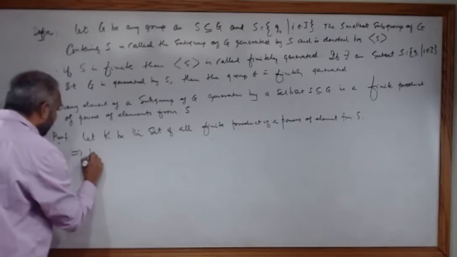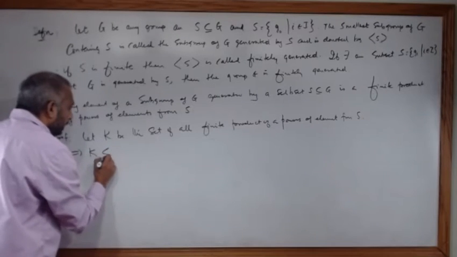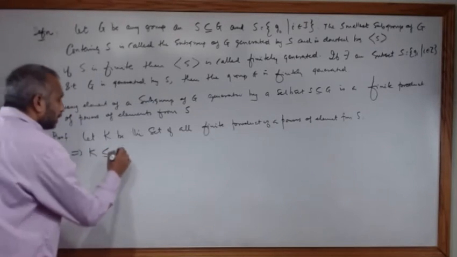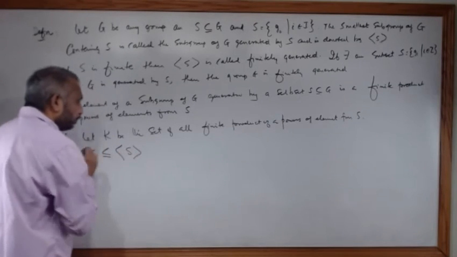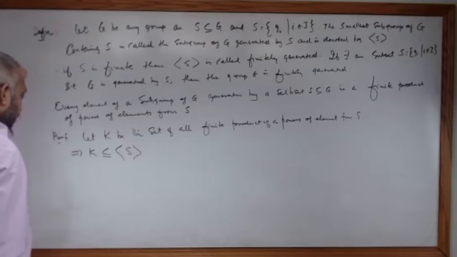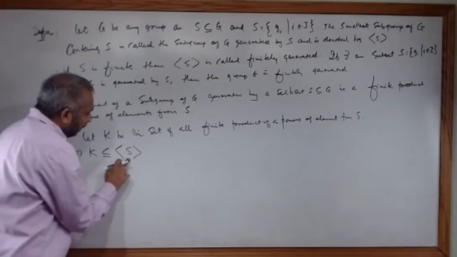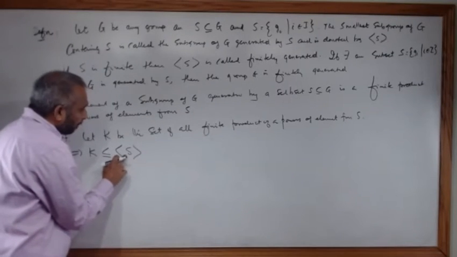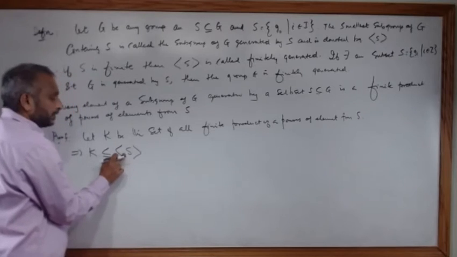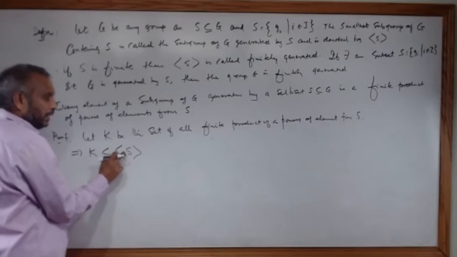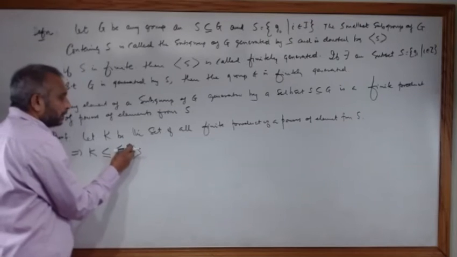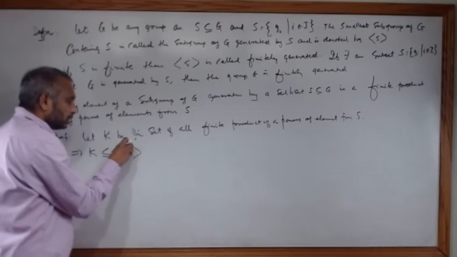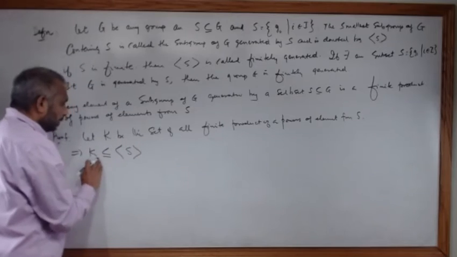That implies K is a subset of the subgroup generated by S. Because this is actually the subgroup containing all of S, every finite product of finite powers also belongs to this.